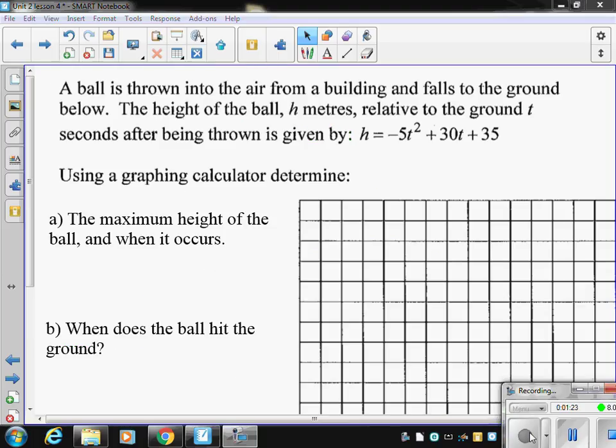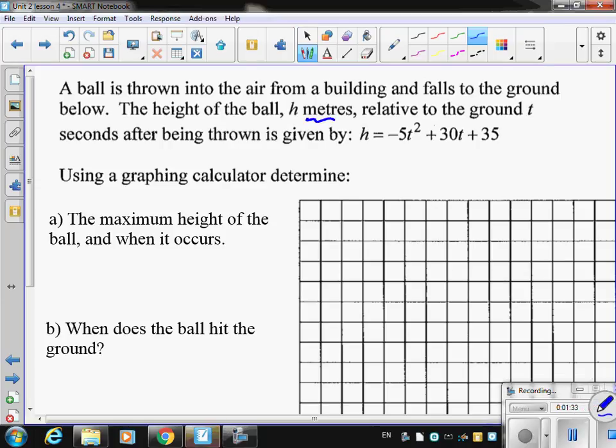We're going to look at this equation. We've seen a couple rather similar, but we're talking about a ball being thrown from a building and it falls to the ground, and its height is in meters and time is in t seconds, and here is our equation. We're going to look at the graphing calculator, and remember the graphing calculator can't do h's and t's, so we're going to type it in as y equals negative 5x squared plus 30x plus 35.